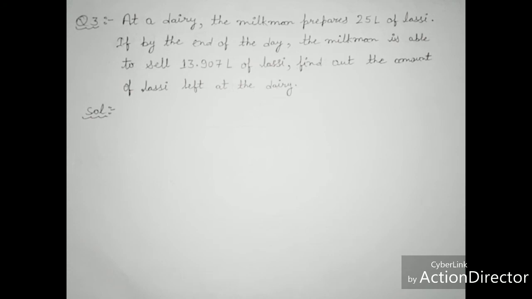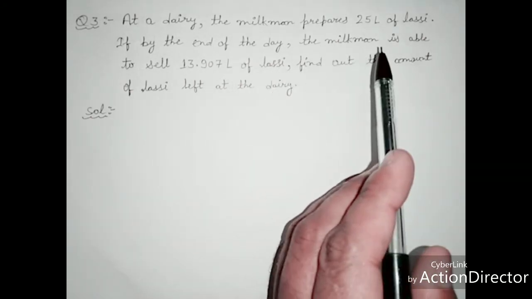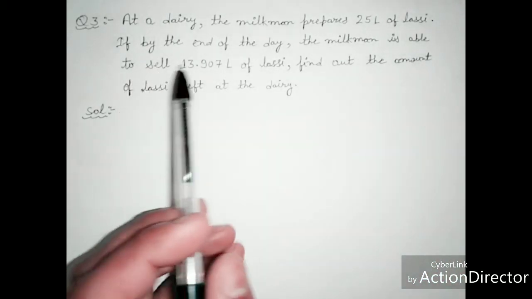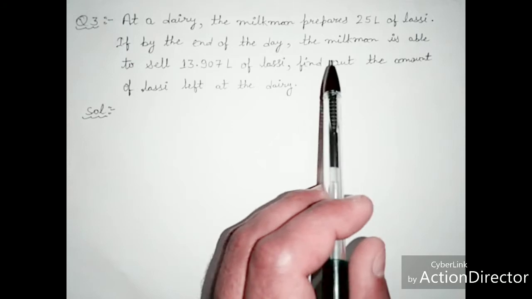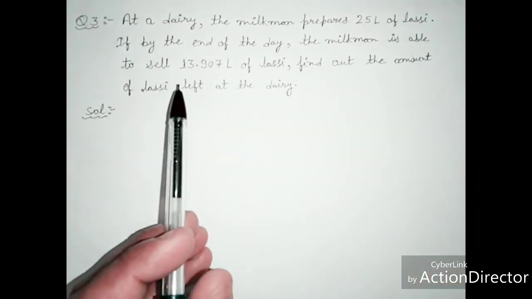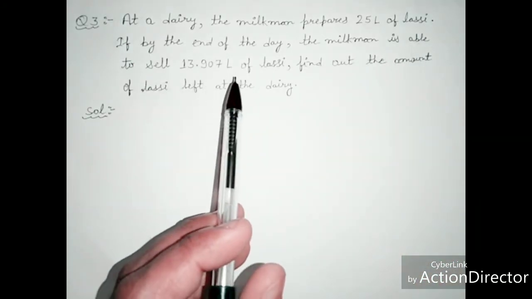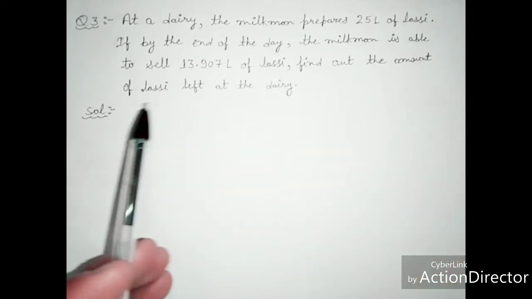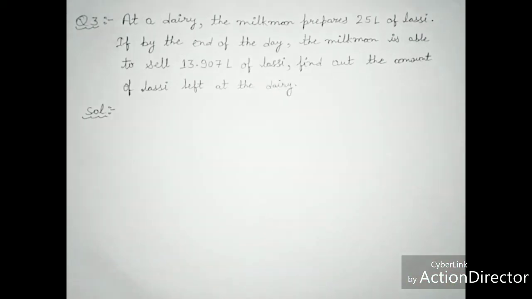Now here the question number 3. At a dairy, the milkman prepares 25 liters of lassi. If by the end of the day the milkman is able to sell 13.907 liters of lassi, find out the amount of lassi left at the dairy. So here we find how much lassi is left at the dairy. So first we write the given values.